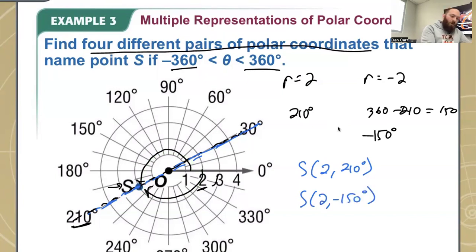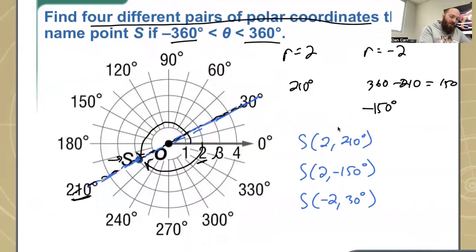Okay. But notice how 210 is on the same line as 30 degrees. So what that means is if I were to go to here, that would almost be the same position as point S, but it's just on the other side of the circle. Remember how we can do that? We can do point S is going to be at -2, positive 330 degrees.